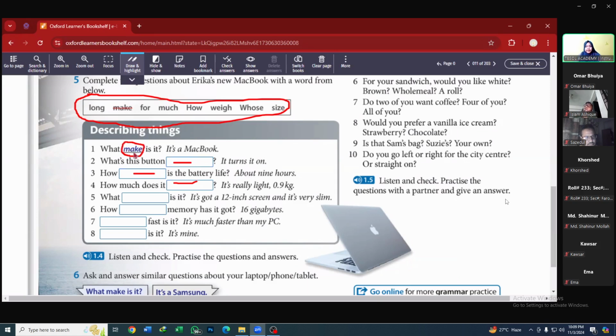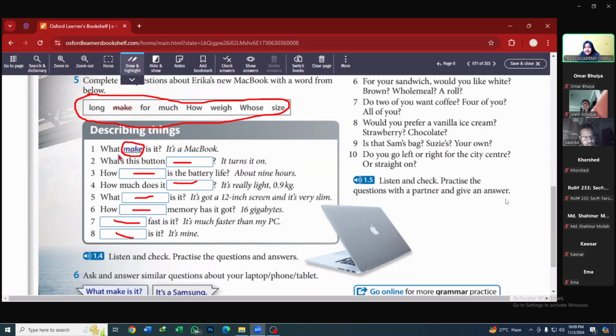It is the same. What make is it and what brand is it is the same question. It means the same. So we can also say, what make is it instead of asking, what brand is it? Okay. So, what make is it? It's a MacBook. In the same way we have to fill in the next blanks in each question using the words from the box.